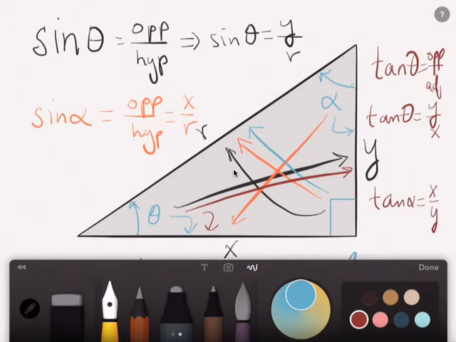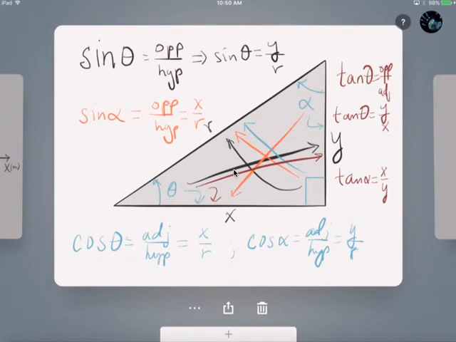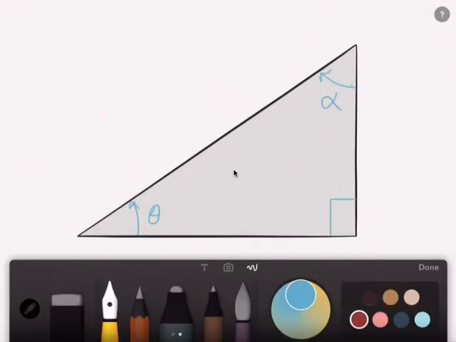Okay. So from here, I'm just going to go ahead and extend on top of all of these things, and I want to give you guys the secant, cosecant, and cotangent. So we can do that on this side. I just want to go fast on this one, and I'm just going to consider theta for now. So secant of theta is 1 over cosine of theta.